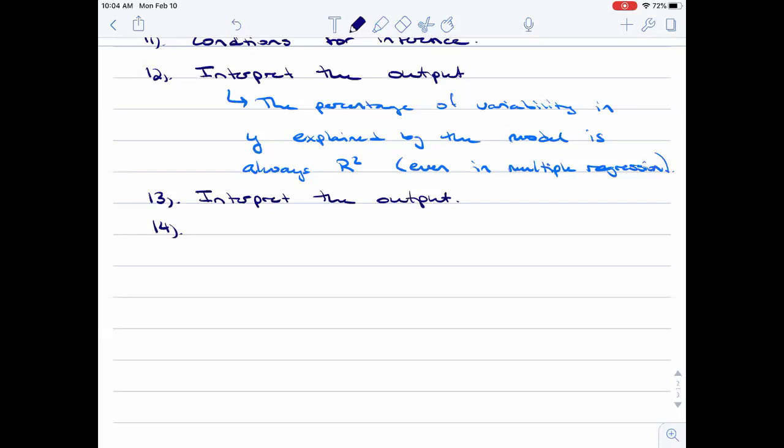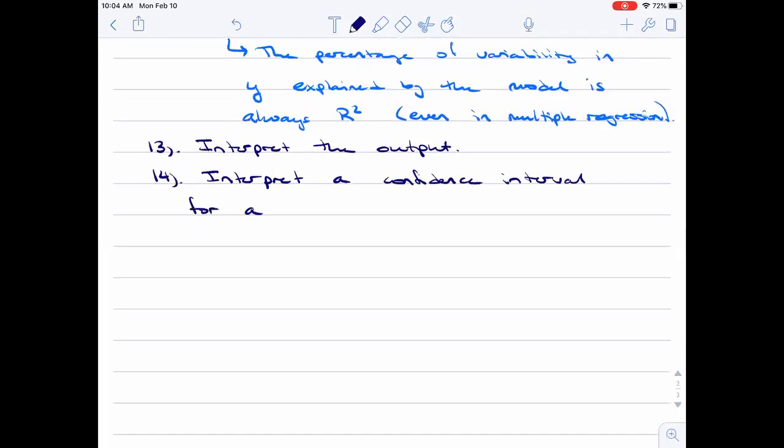14: you have to interpret the confidence interval for a coefficient in a multiple regression. So maybe have a look at that. Interpret a confidence interval for a coefficient in a multiple regression.